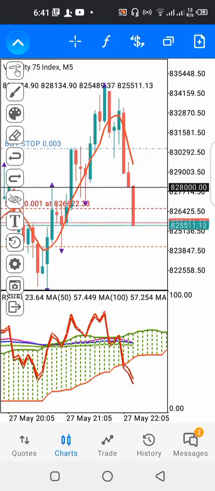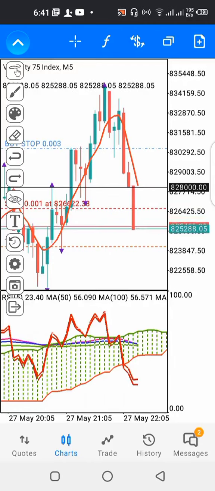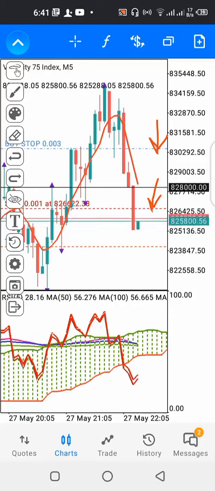The reason why I placed this particular buy stop is to protect this trade. I expect price to hit my take profit of 2,500 points. But if it does not get to that particular point and it starts to retrace, it's going to pick my hedge trade, which is a buy stop of 0.003.